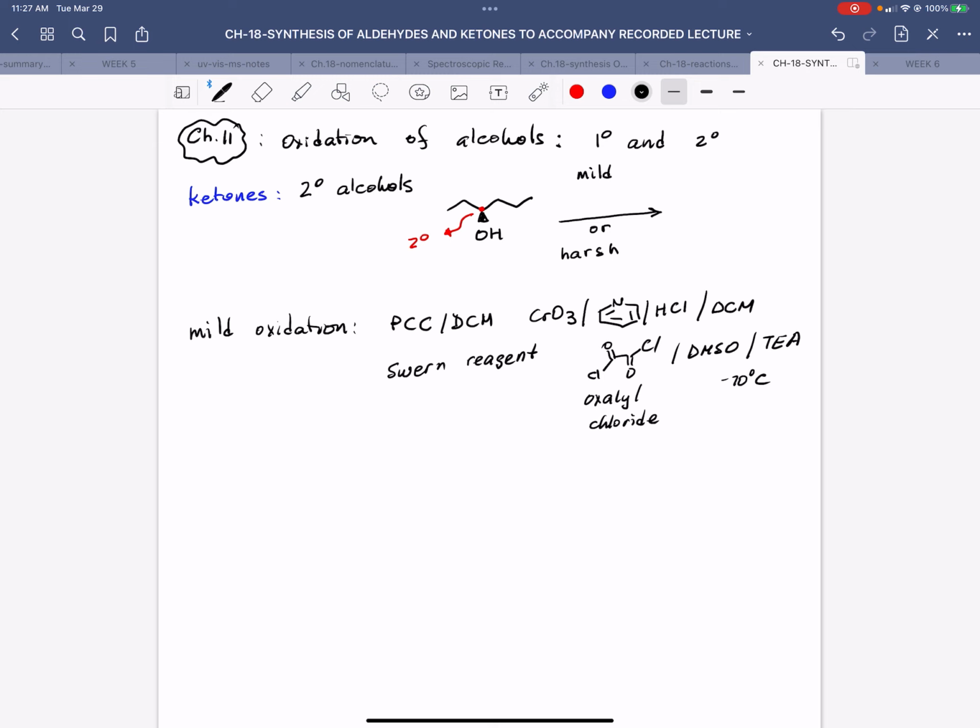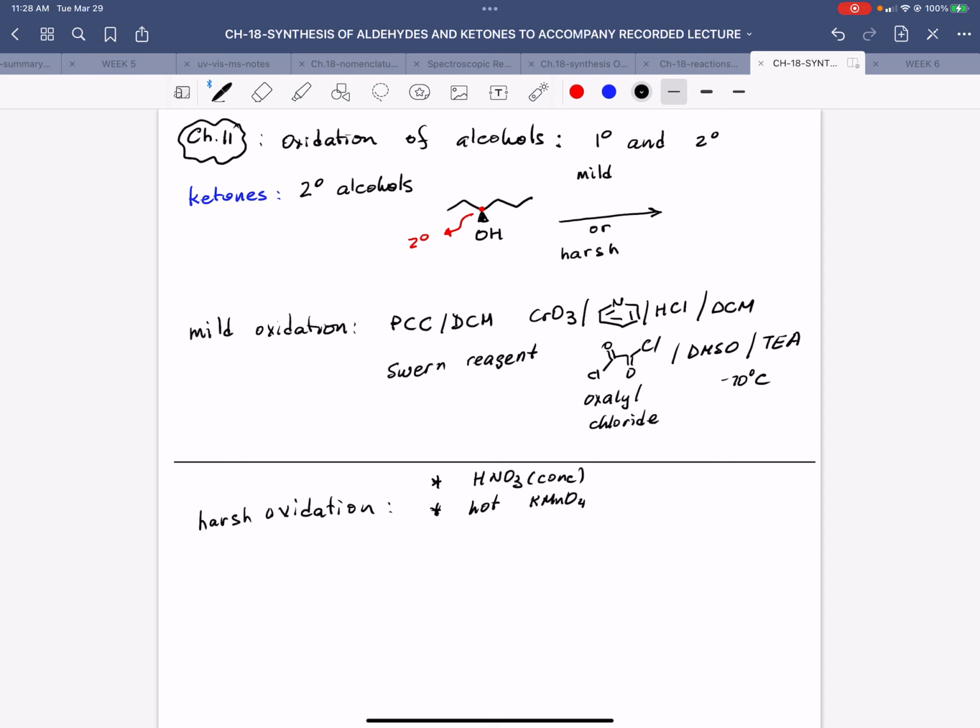For harsh oxidative conditions, let's separate those two. For harsh oxidative conditions, we could use either one of these reagents. So I'm going to put asterisks: concentrated nitric acid, hot concentrated KMnO4.